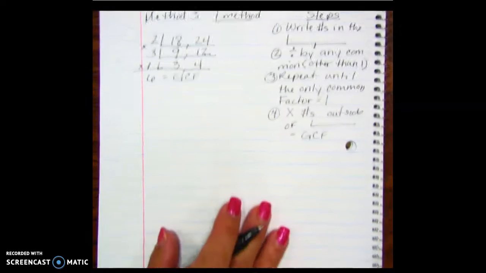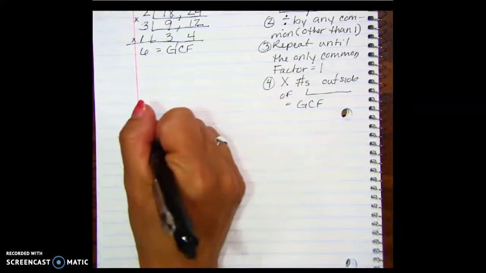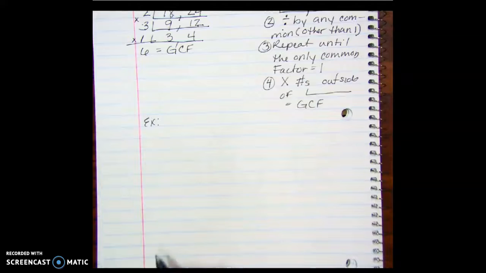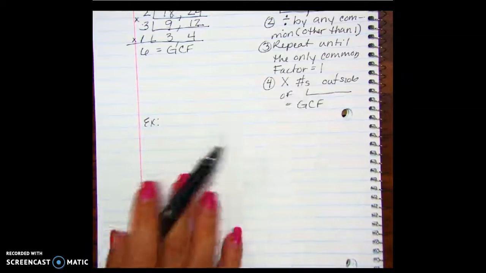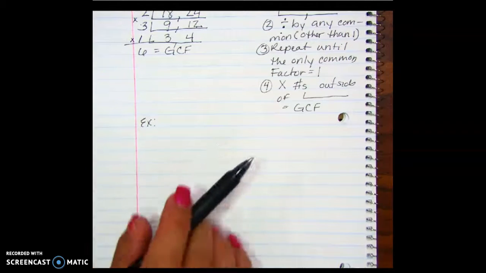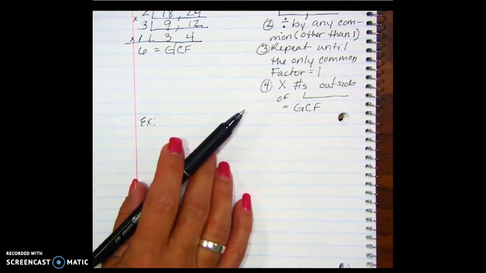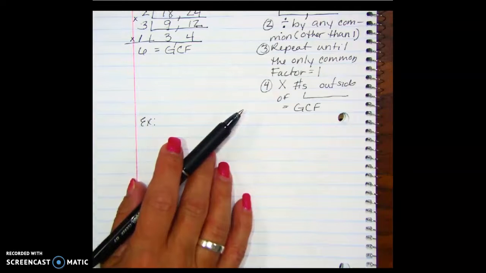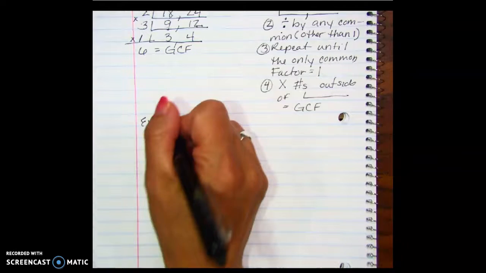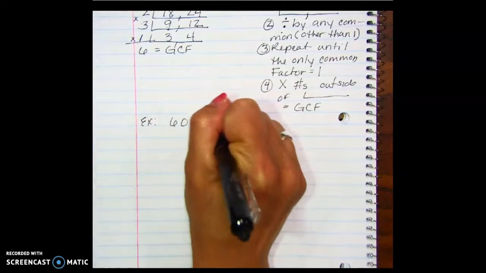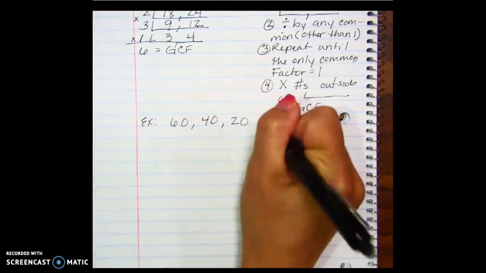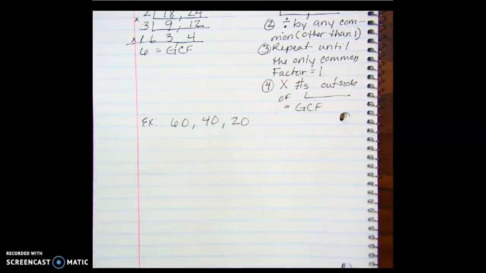Okay, let's try another one. Let's do 3 factors just so that we can see this. This is our last and final example. So I'm going to use the new method that you may have just learned today. So we are going to take 60, 40, and 20. And maybe you guys are seeing the greatest common factor already.